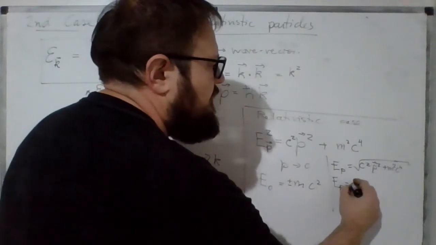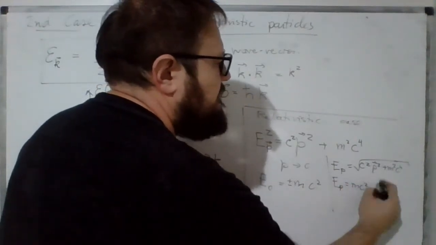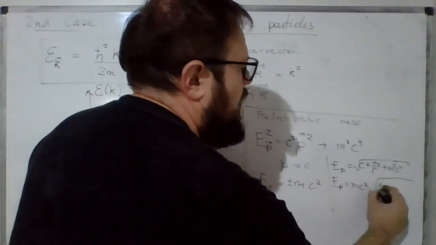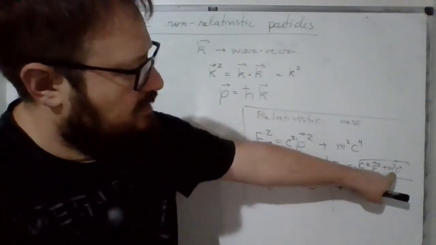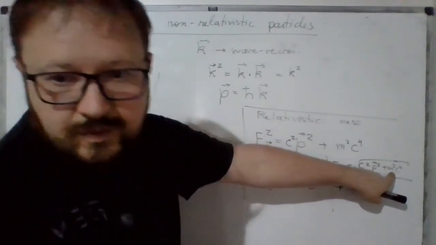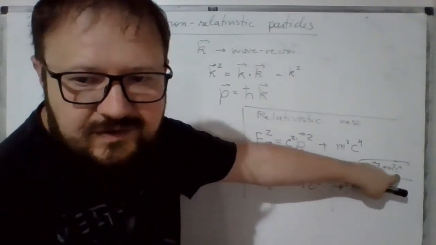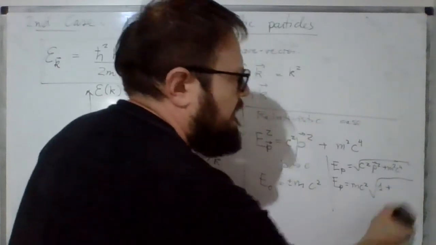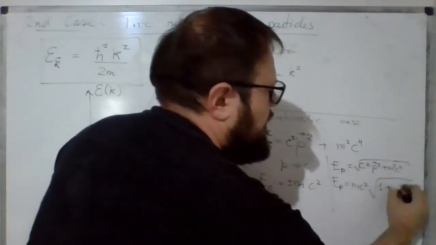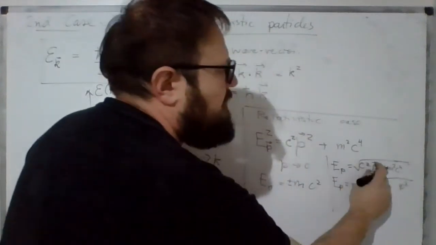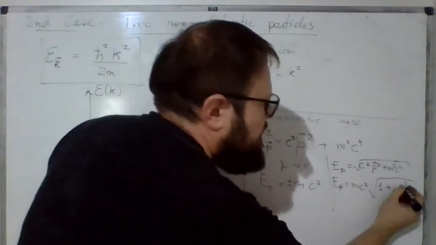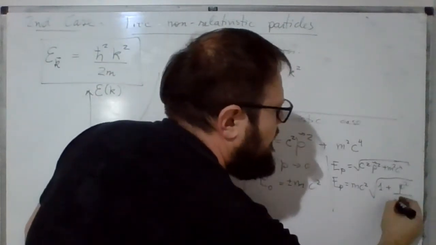in the following form: mc squared times the square root of 1, because you plug in this, you factorize this m squared c to the fourth and find 1 plus c squared p squared divided by this factor here. You'll have p squared divided by m squared c squared.